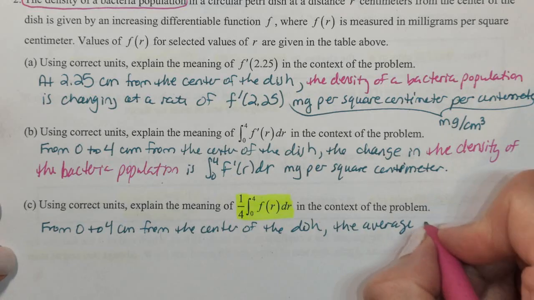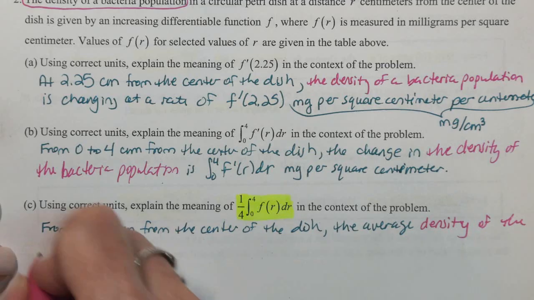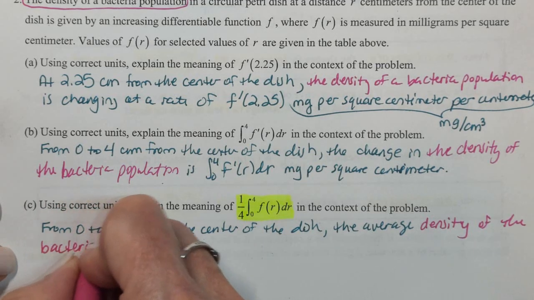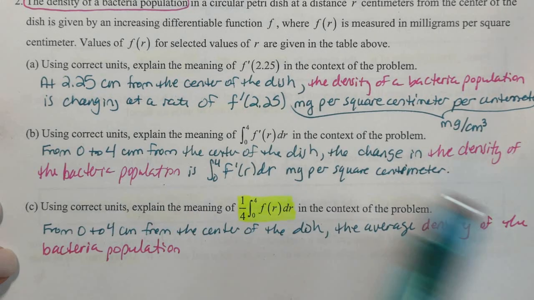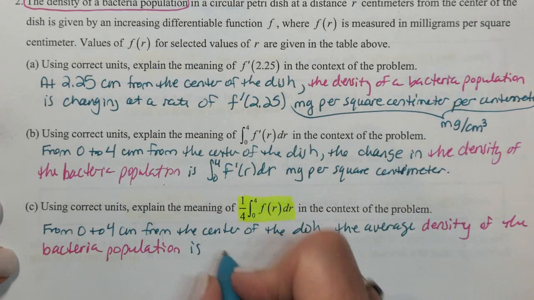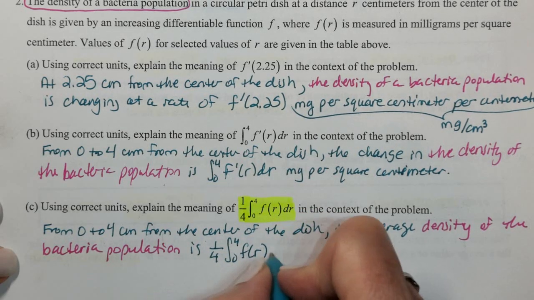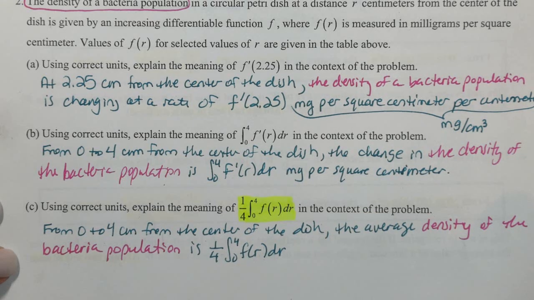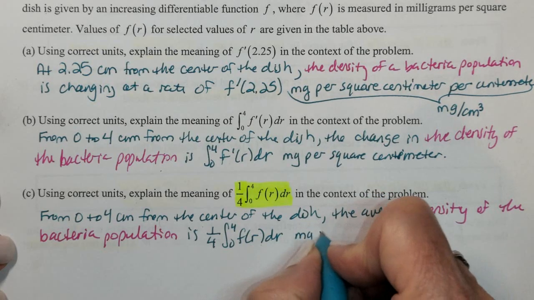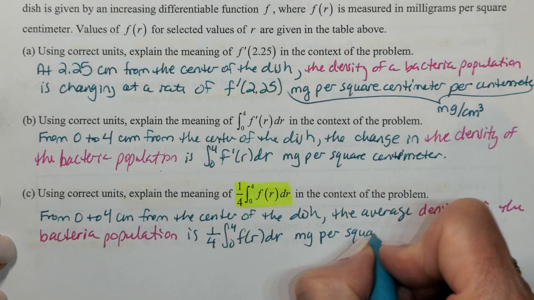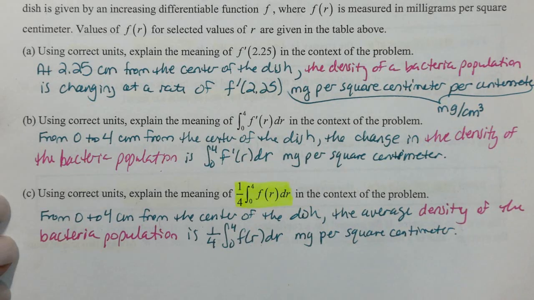So the average density of the bacteria population is that integral expression. It is not an average rate of change, it is just the average f, okay? So we get back f units, milligrams per square centimeter.